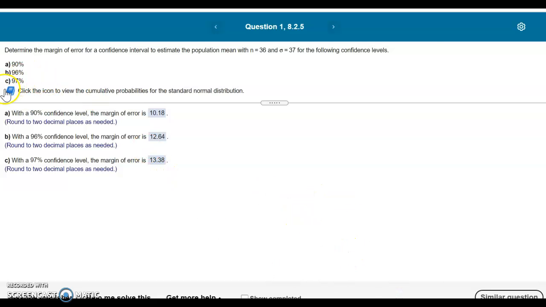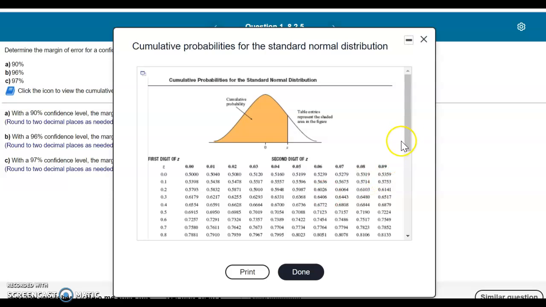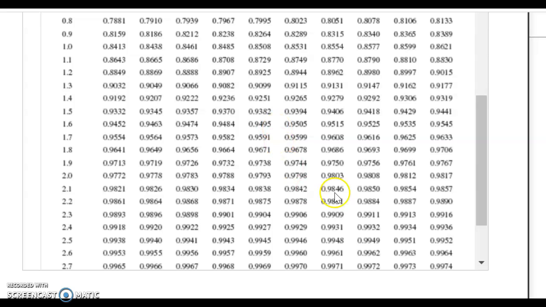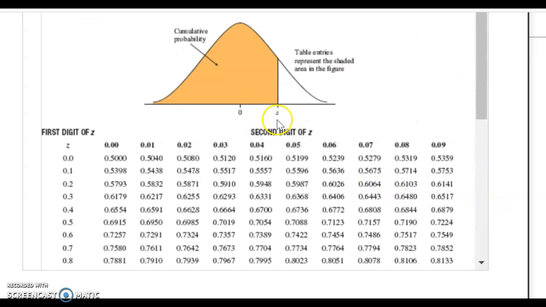And so when you look up 0.985, let me make this bigger so you can see it. 0.985 is right here. So it actually falls under 2.1, this would be 2.19, 2.18, 2.17 is your z value. So up here, z would be 2.17. That's what it represents.